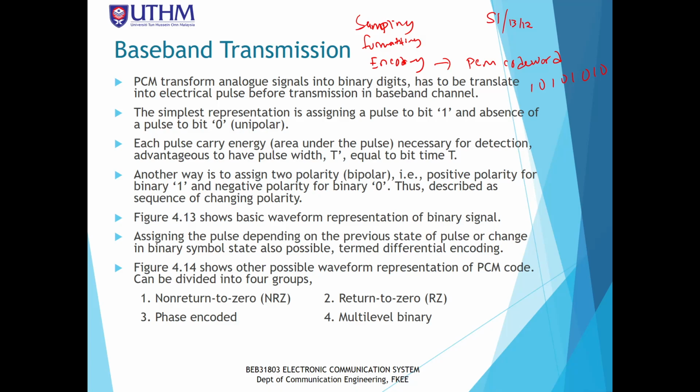Under these categories, there are many methods of line coding. So we have the non-return to zero, and also we have the phase encoded, we have return to zero, and also multi-level binary. There are many others actually, not only 4, there are many more.